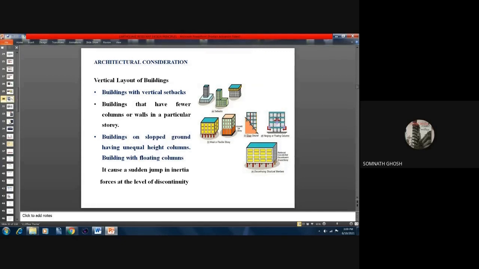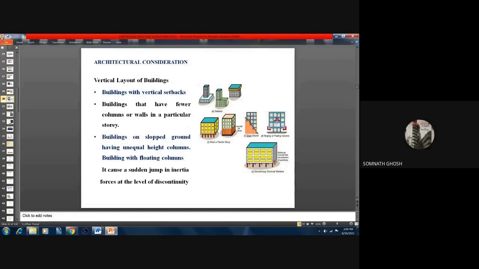Buildings with floating columns, where suddenly a particular column starts from a particular level. So that's not good. From the figures, you can see what kind of setback systems there are. These are not at all recommended.